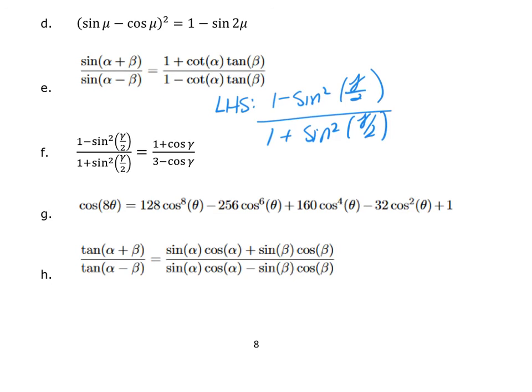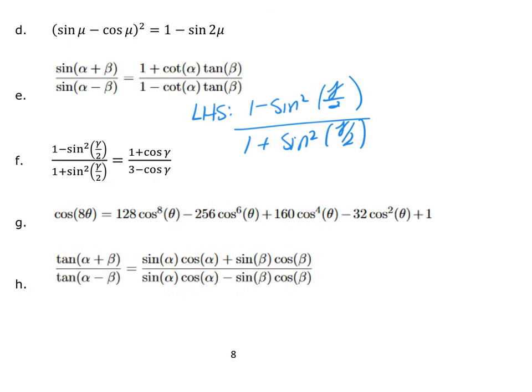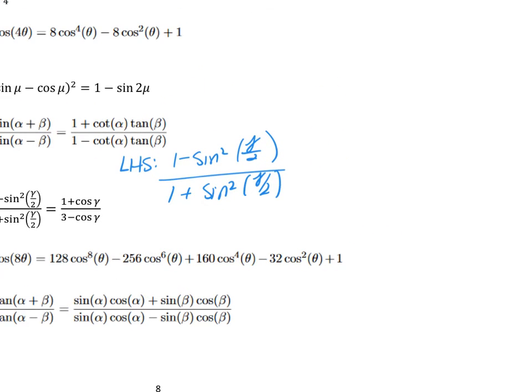Now, I don't have a sine squared gamma divided by 2, but I do have this one: the sine of some angle divided by 2 is equal to plus or minus the square root of 1 minus the cosine of my angle, all divided by 2.